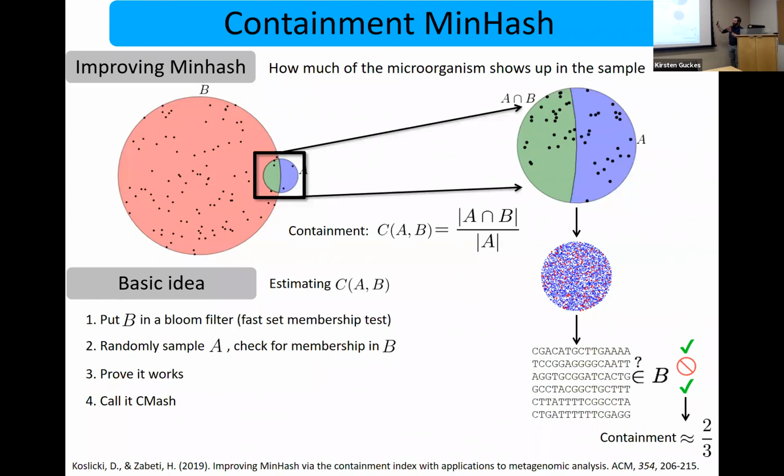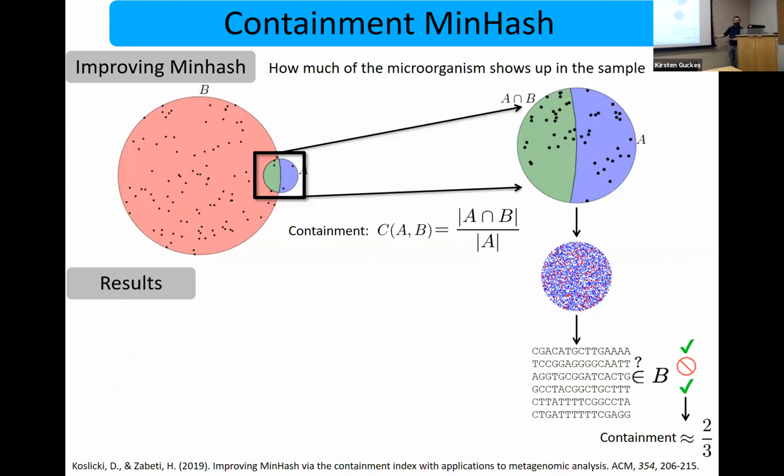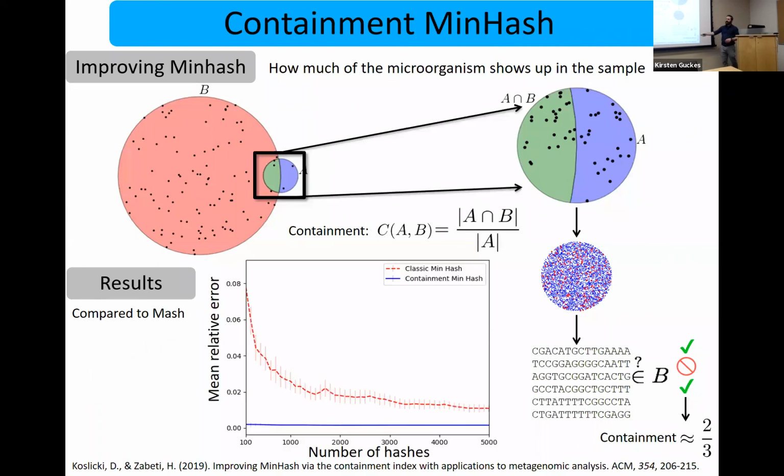So does it actually work in practice? How much of an improvement do we get by considering containment instead of Jaccard? So Mash, you might have heard of, is one of these methods based off the Jaccard index. And you can take a look, and you can see how your relative error changes as a function of how many k-mers you sampled, the number of hashes, the number of elements in your sketch.